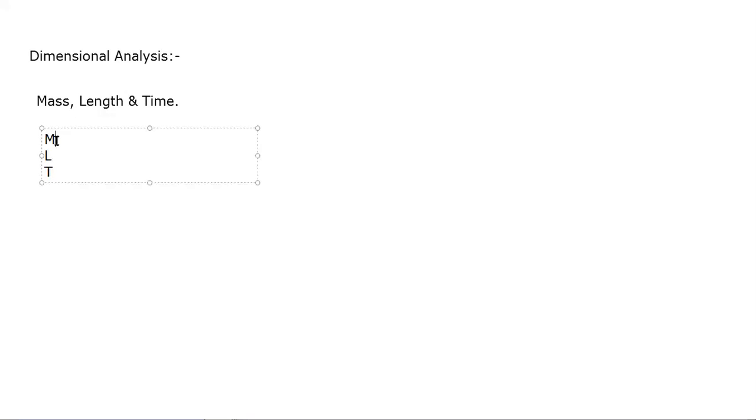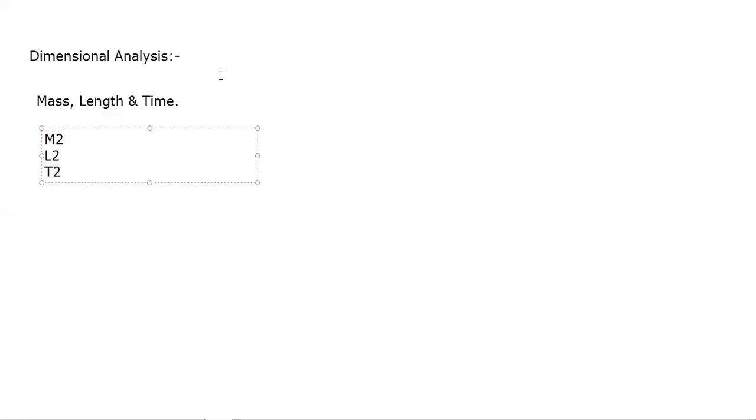So if our dimension is single, then we write M1, L1, T1, meaning M raised to power 1, L raised to power 1. So we can extract the quantity into these basic dimensions: mass, length, and time.